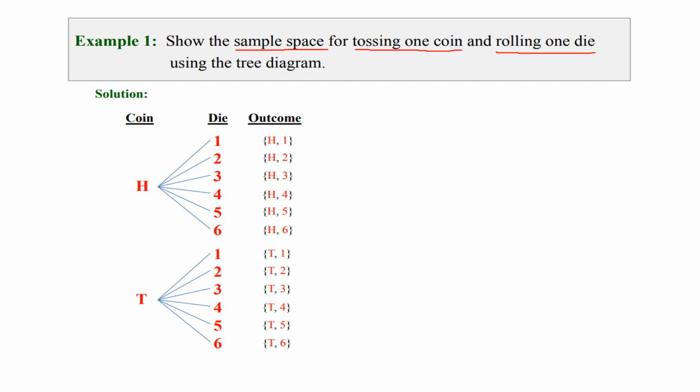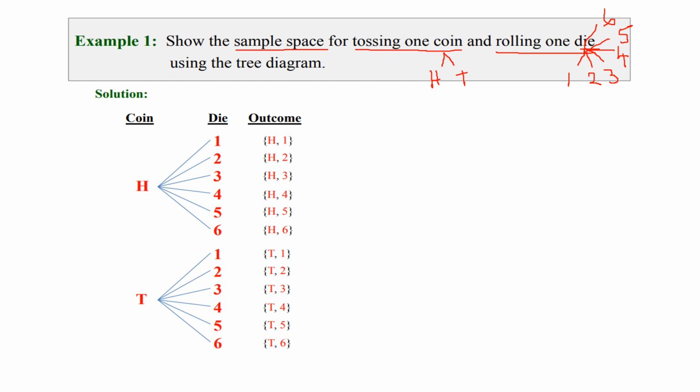What is the sample space? H and T, the sample space for the coin. For rolling a die, what is the sample space? 1, 2, 3, 4, 5, and 6. So 6 outcomes we have.